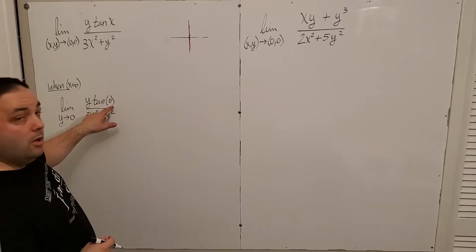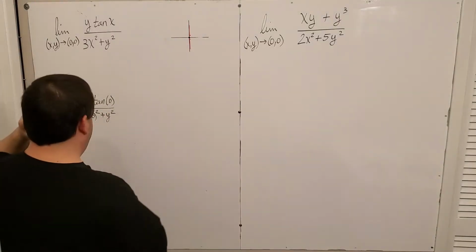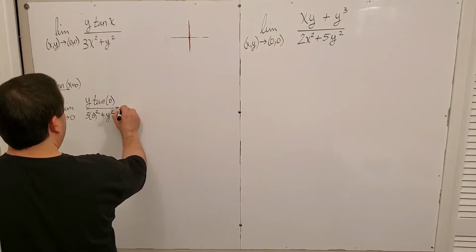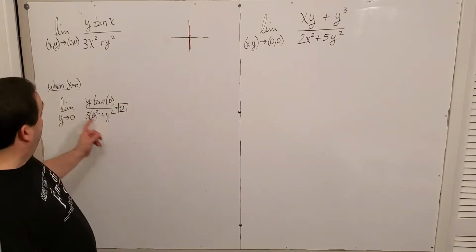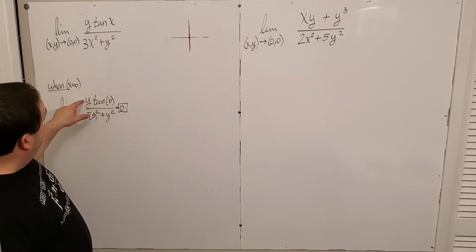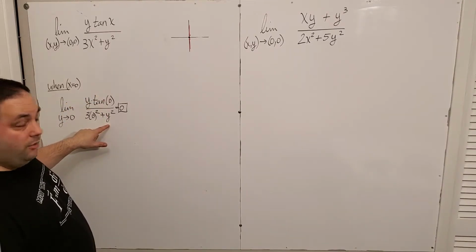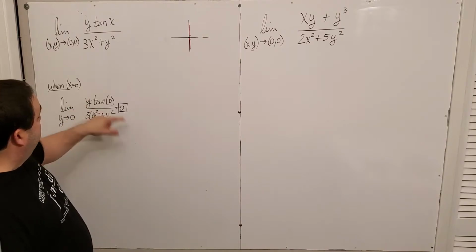But tangent of 0 is 0, right? So I get an overall value of 0, because it doesn't matter what all the other things come out to be. It's going to be times 0 and divided by some other number here, right? So I'm going to get 0.